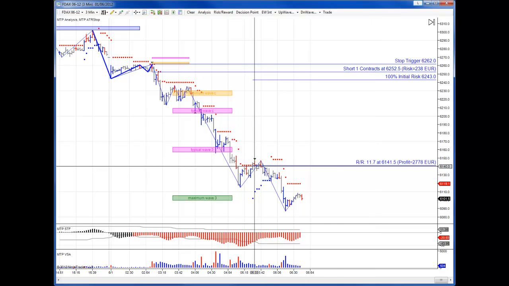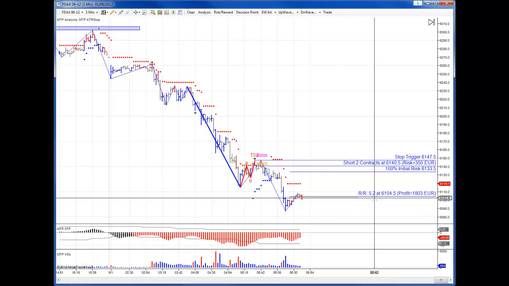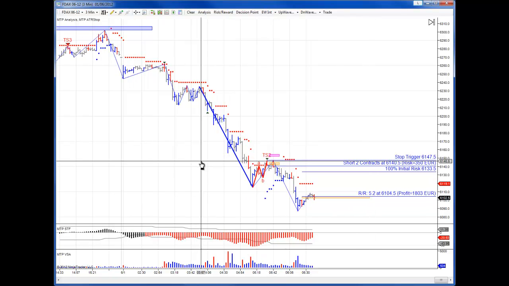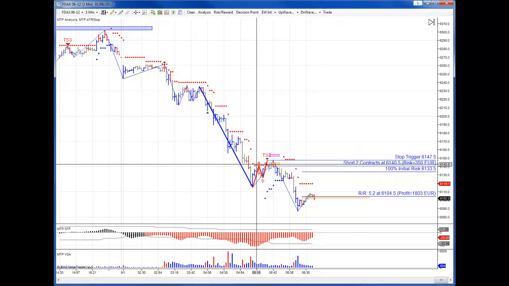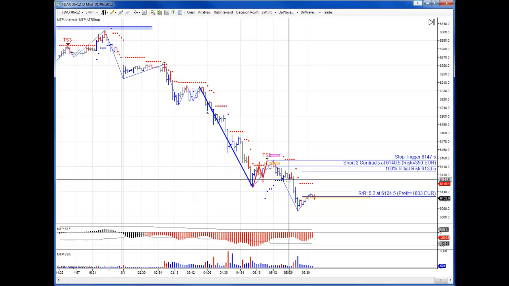Then we came in here and did a standard and automatic trade setup for another plus 5.2R. So as you can see, a very, very good day for the MTPredictor software today on the DAX, where we nailed two beautiful trades that have captured pretty much most of the profit out of this very sharp decline this morning.